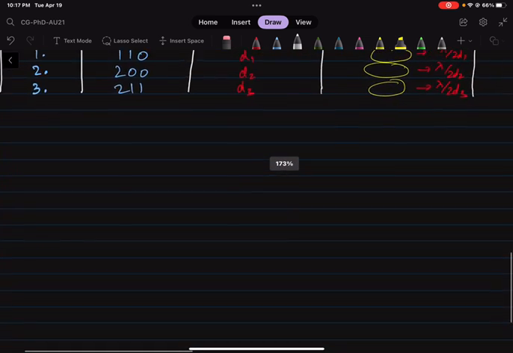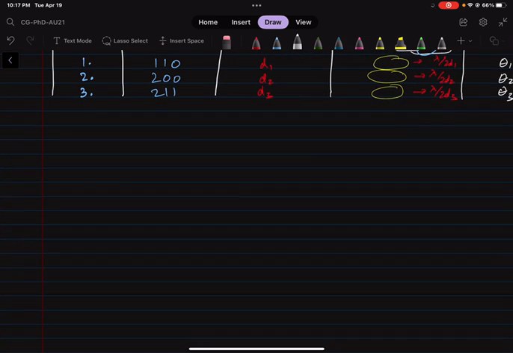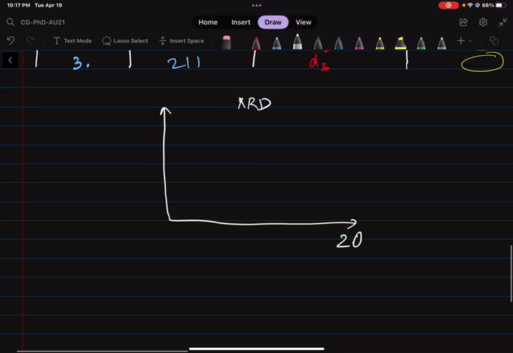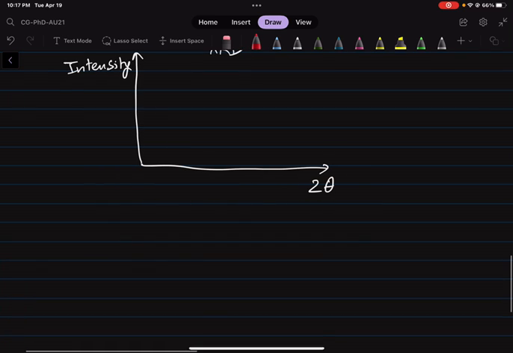So what this will look like at the end, if you want to understand more about what is happening, is that when you try to draw the X-ray diffraction spectra, you will have 2 theta on the x-axis. You generally have intensity on the y-axis. And your curve will, let's say, for example, look something like this.